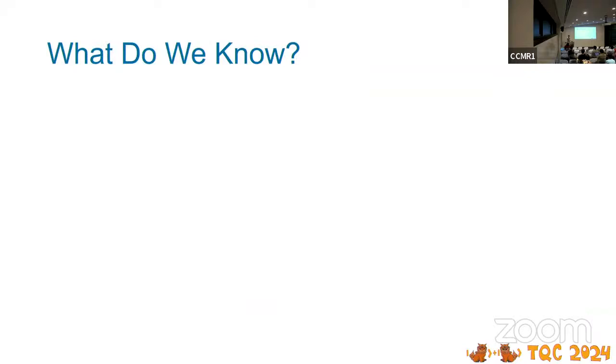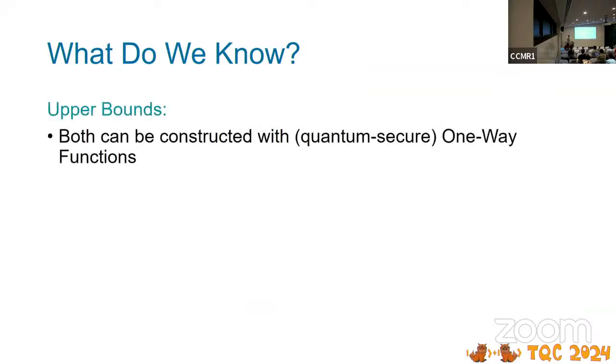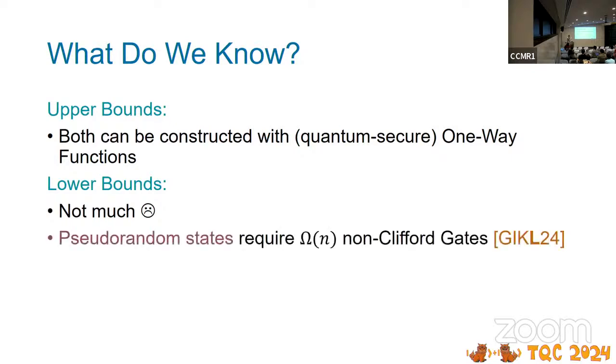What was already known is that both can be constructed using one-way functions. For lower bounds, really not too much. This isn't too surprising. If you could show that they didn't exist, then you would show that one-way functions don't exist. We don't expect to do that. But something that we can show is that pseudo-random states require a linear number of non-Clifford gates.